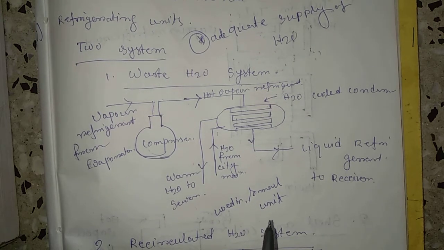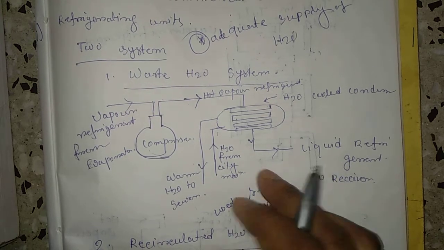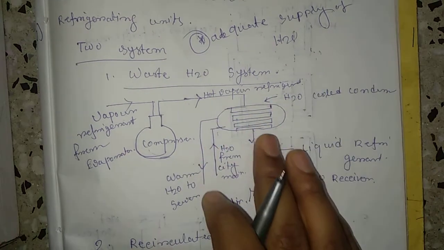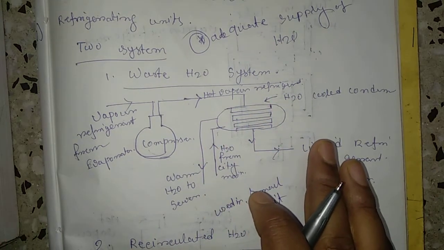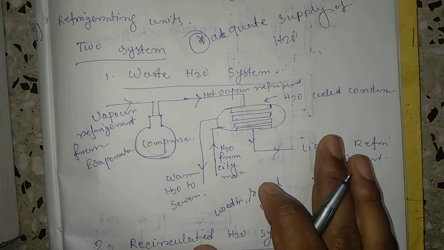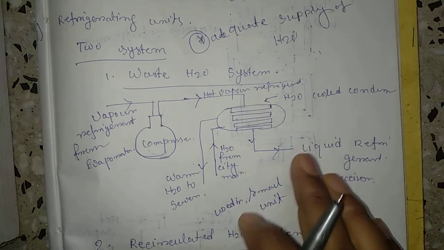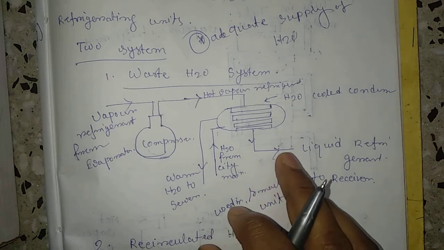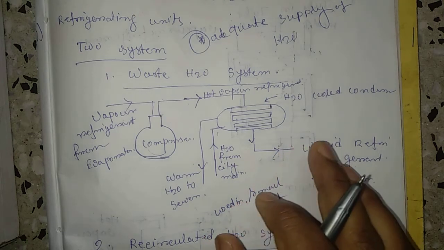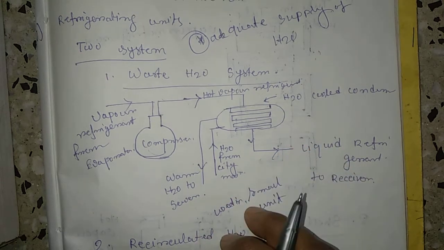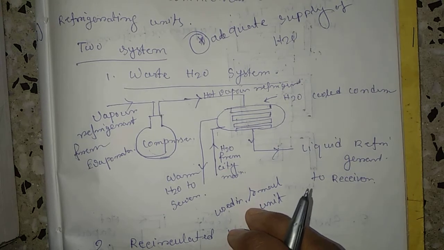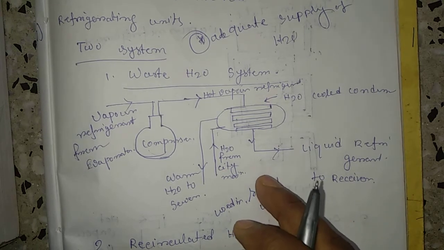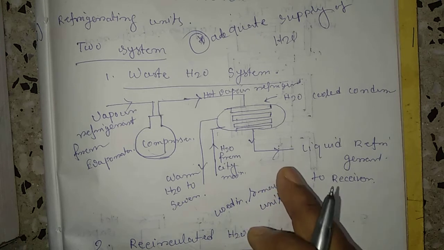And one more point: as you know, a water circulating system is there, so obviously there should be a location with large quantities of fresh, inexpensive water and a sewer system large enough to handle this wastewater. The availability is an important point for this system.